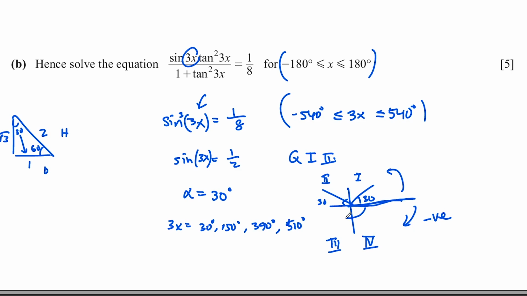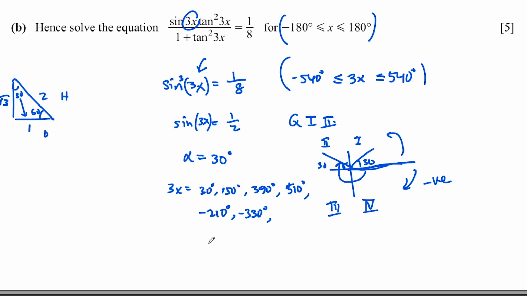So when we spin here to this angle, it will be negative 210 degrees. Right, and then the subsequent one will be negative 330. And so can we go one more round? No, we cannot. The next one will be out of the range already. So this is all the solutions that we will have.